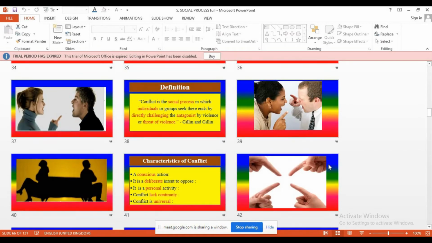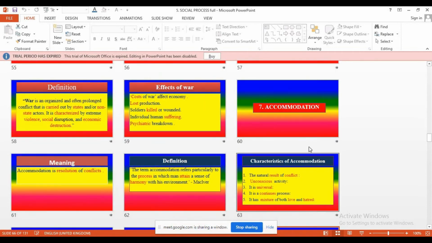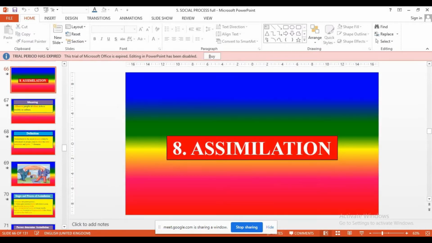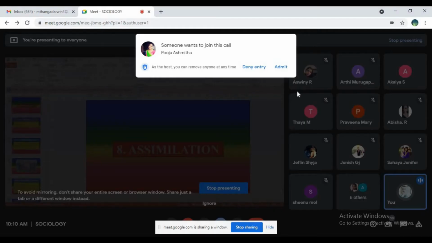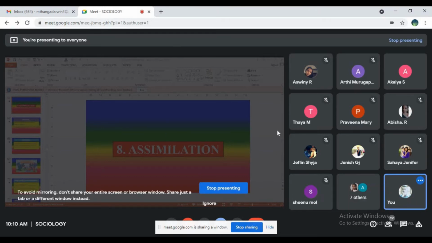These are all social processes we covered. Mainly we had learned about conflict management, how to manage conflict in everyday life to promote happier days.